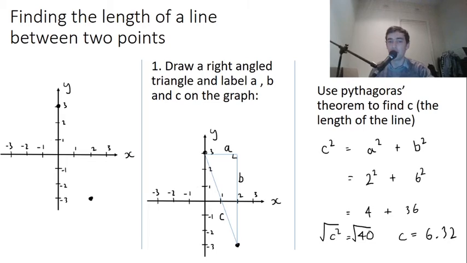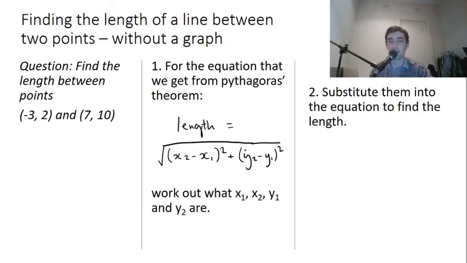So if this was 0.2, this y coordinate, the y2 would be 3. And if this was 0.1, y1 would be -3. Because it's the y coordinate of 0.2, the y coordinate of 0.1. So that's how they got this.